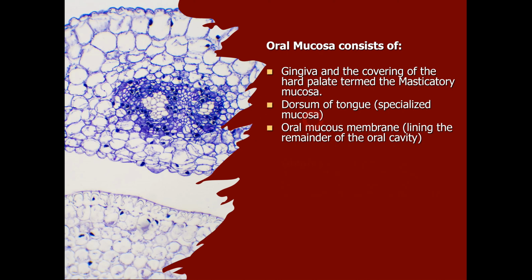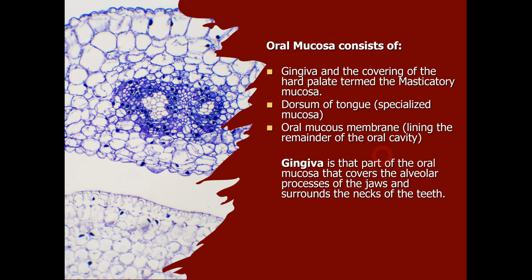Now, gingiva is basically that part of the tissue, as we saw in the previous slides, which surrounds the tooth, covers the alveolar process in which the tooth is actually present, and surrounds and protects the teeth and the alveolar mucosa.